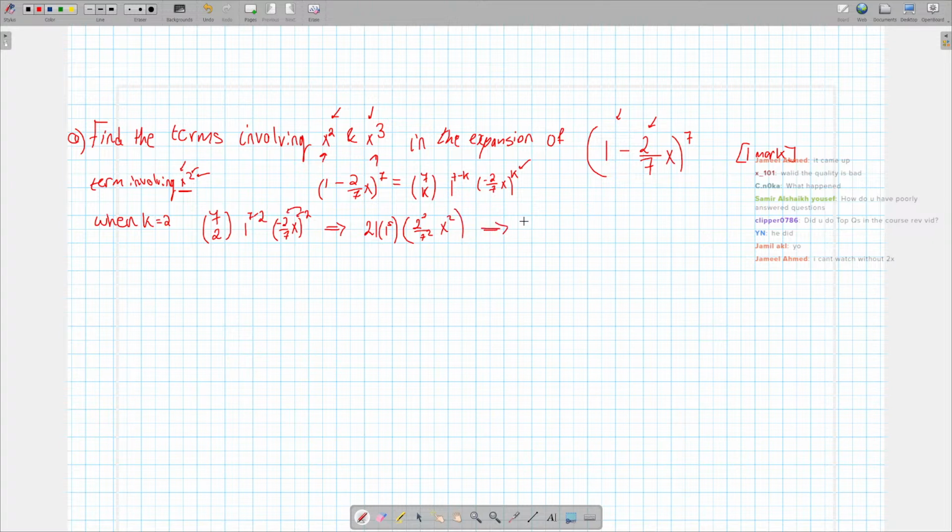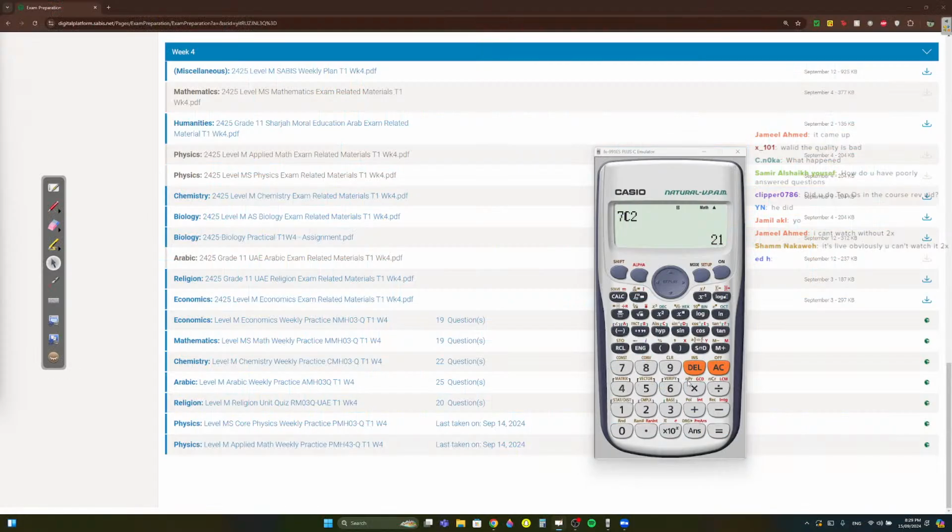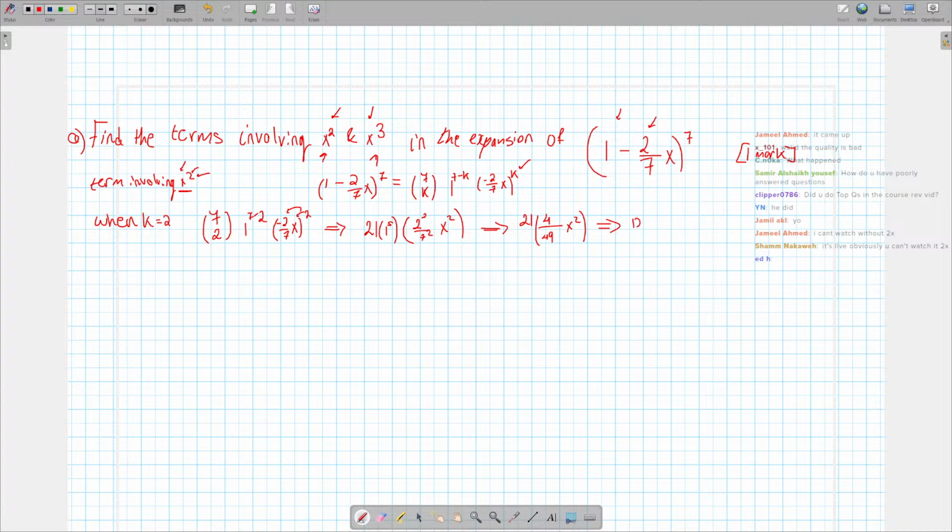This is the same as 21 times 4 over 49 x squared, which gives 12 over 7 x squared. That's the term involving x squared.